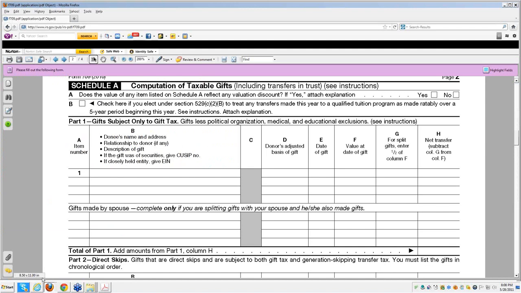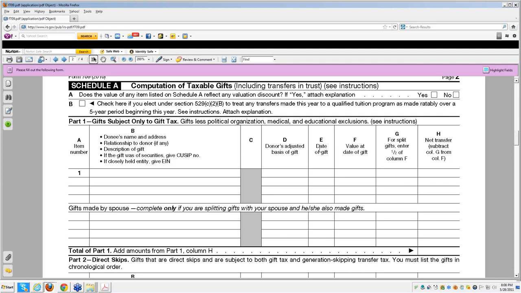Okay, this is where we left off. Right. The donee is the servicing company or the lender. Donee's adjusted basis of gift. The date of the gift would be closing.